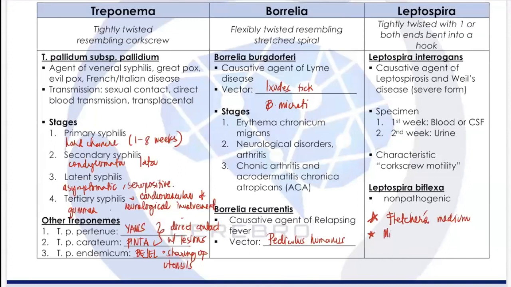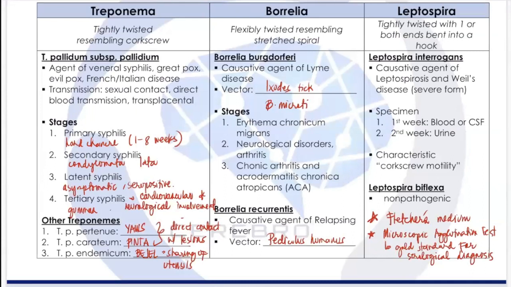That is the microscopic agglutination test. Okay? So this is the gold standard for serological diagnosis.